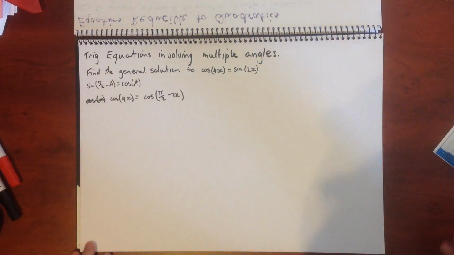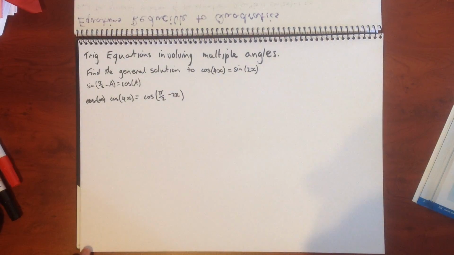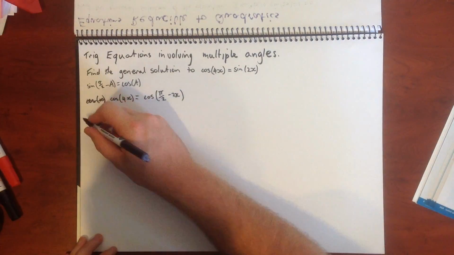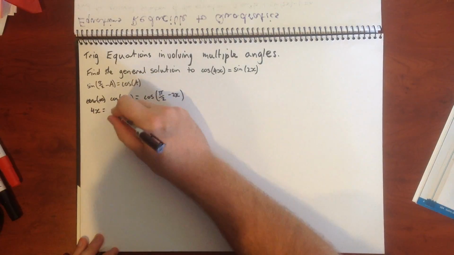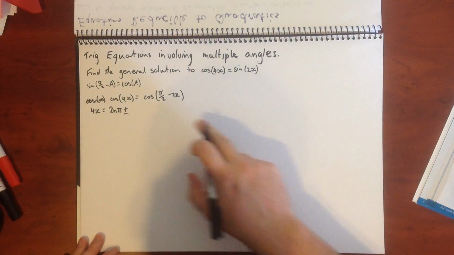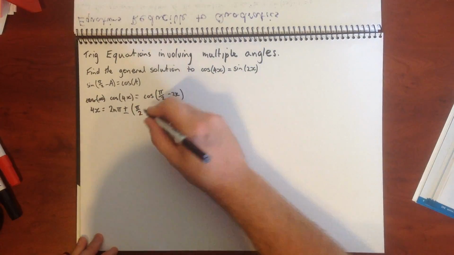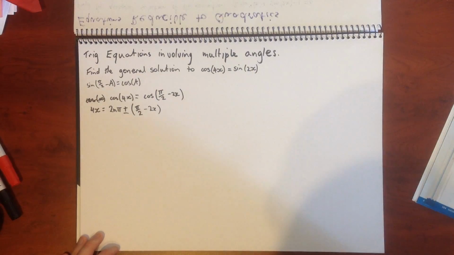Okay, because now we can look at our equations here, and say, well, we really say our 4x equals 2n pi plus or minus, okay, what's in our bracket here? Our pi on 2 minus 2x.